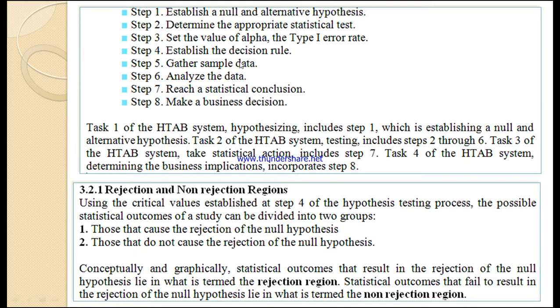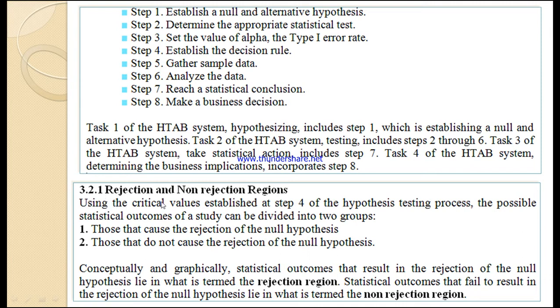Task number 3 of hypothesis testing involves step number 7, and the final task of the HTAB system involves step number 8, which is the final step. Therefore, generally, in order to test hypothesis, we need to work through 4 major tasks in general and 8 steps in particular. Let's deal with other concepts related to hypothesis testing.